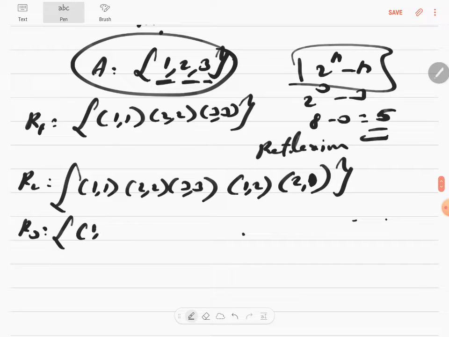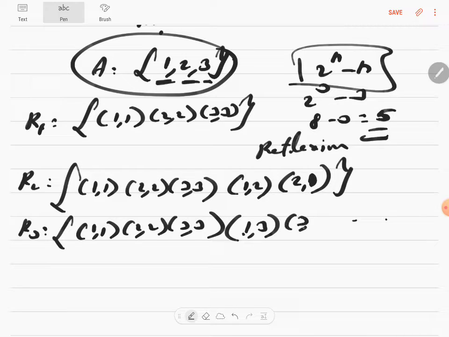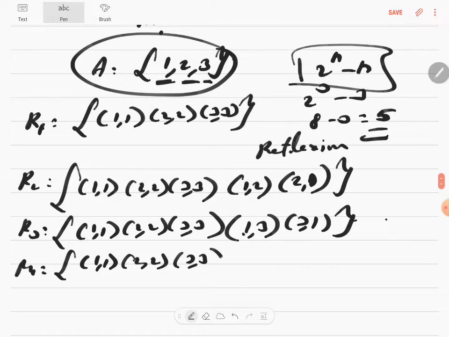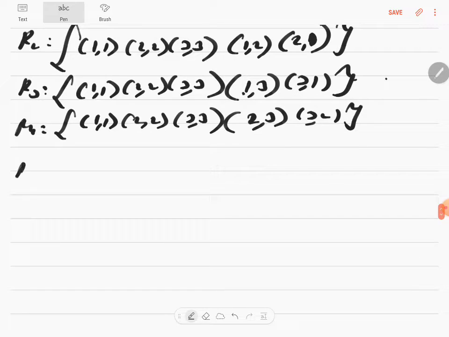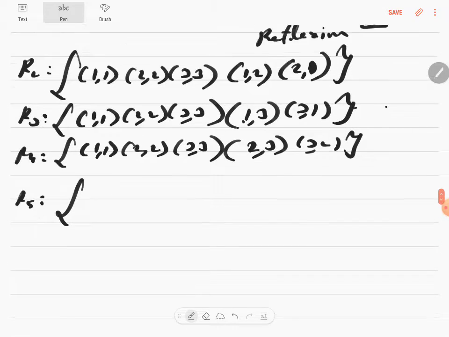R3 is (1,1), (2,2), (3,3), compulsorily. Then I can include (1,3) and so (3,1), and close. Relation 4 will be (1,1), (2,2), (3,3) and you will have (2,3) and (3,2). So relation 4 is over. I am going to write relation 5 wherein I am going to use 2 of them.